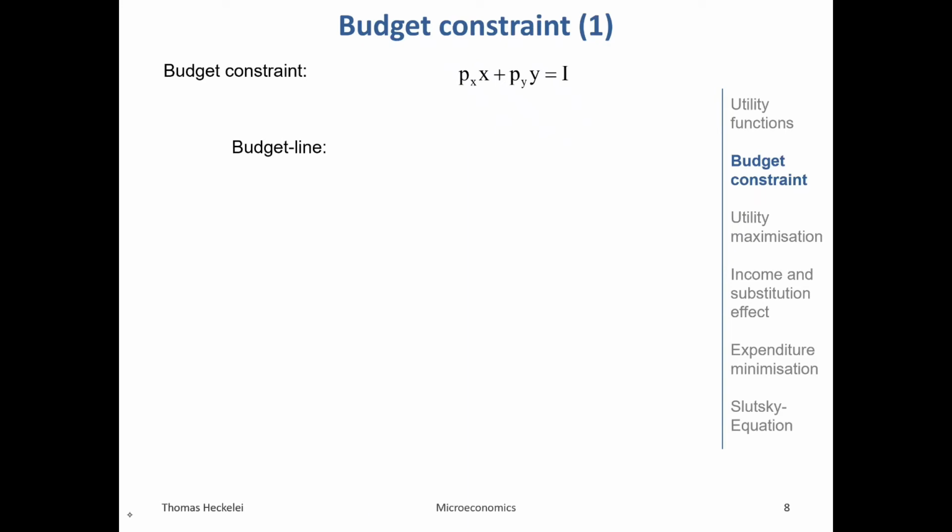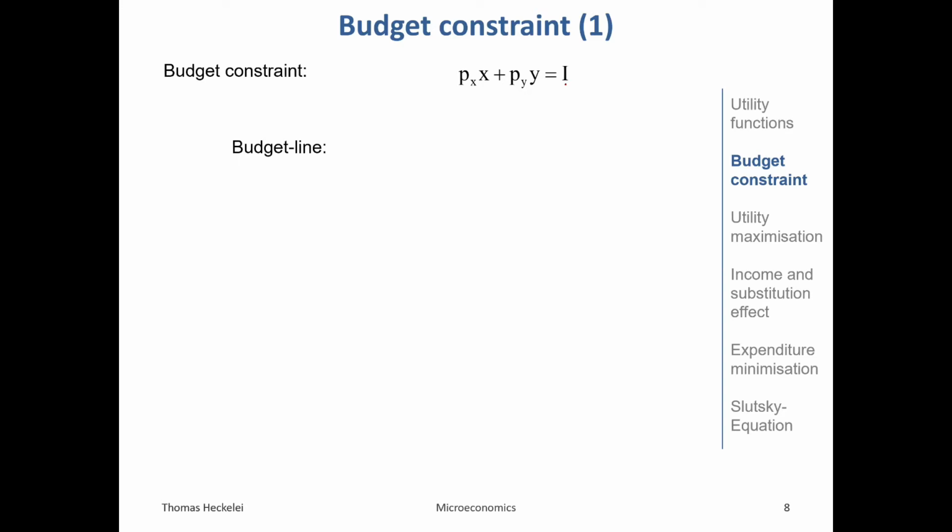All right. So now let's talk about the second part of our decision-making problem, affordability, and it's depicted here by a budget constraint. So the budget constraint is px times x plus py times y equal I. What does that mean?